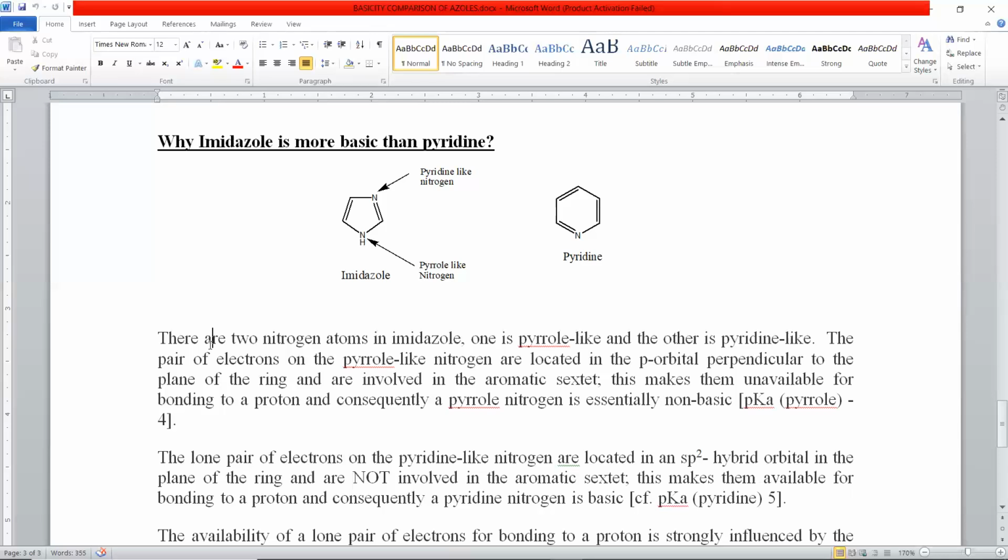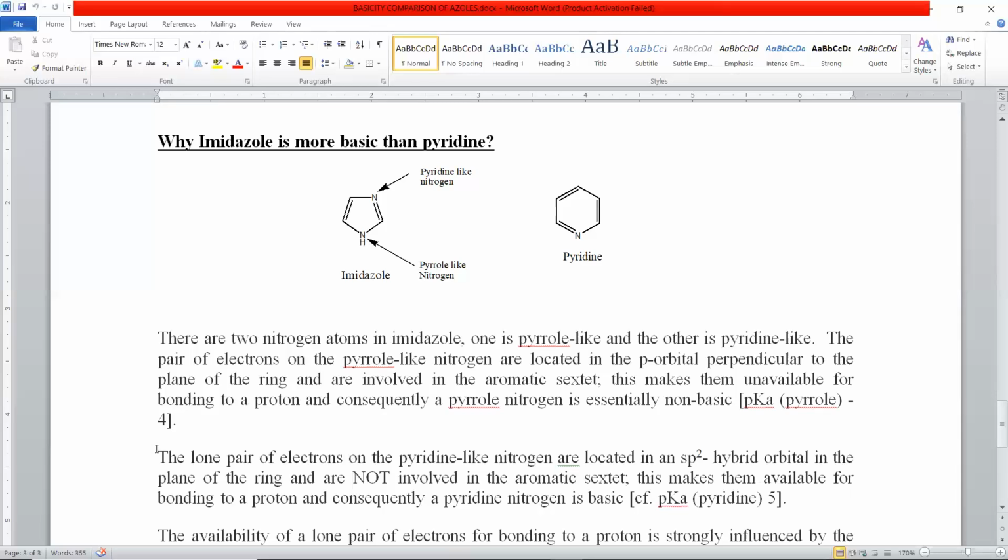So the pair of electrons on the pyrrole-like nitrogen atom is not available for bonding to a proton, because these electrons are involved in the aromatic sextet. Hence, pyrrole nitrogen is less basic or essentially non-basic. The pKa value of pyrrole is 4. So it is less basic.